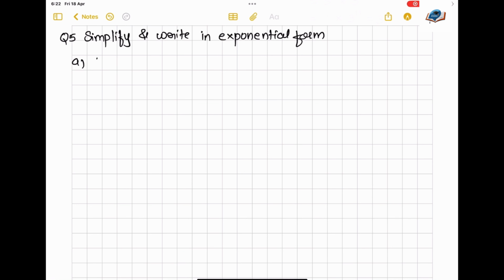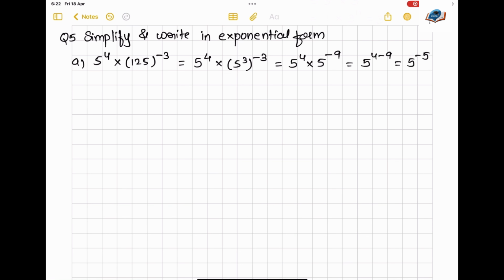Okay, I have to show positive exponent only. 5 raised to 4 into 125 whole raised to minus 3. So can I write this as 5 raised to 4 into 5 cube whole raised to minus 3. So 5 raised to 4 into 5 raised to minus 9. So that is 5 raised to 4 minus 9. So that is 5 raised to minus 5. So 5 raised to minus 5 I can write 1 upon 5 raised to 5.